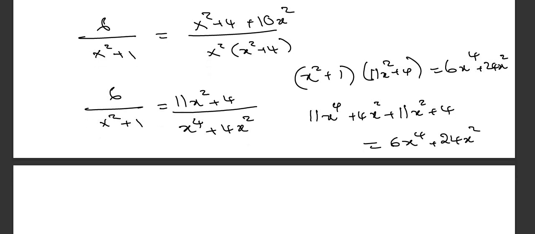Then when we take the 6 to the other side, that's going to be a 5. This is 5x to the power 4. Then we are having this 15 here, right? 15 minus 24, that's going to give us negative 9x to the power 2. Is this okay?